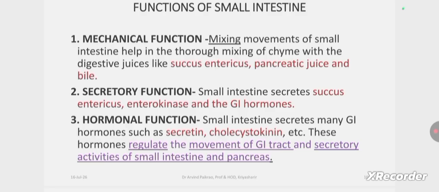Next is the hormonal function. The small intestine secretes secretin and cholecystokinin. These play a very important role in the regulation of movement of the GI tract, and they also act on secretions, so they act on the activities of the small intestine and on pancreatic secretion.